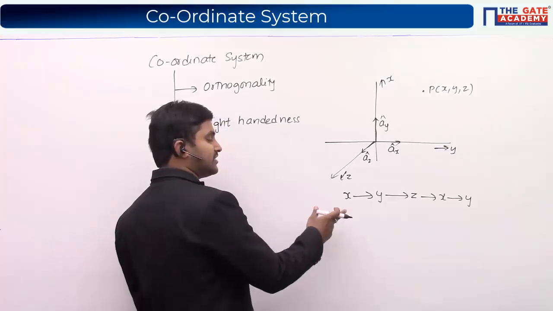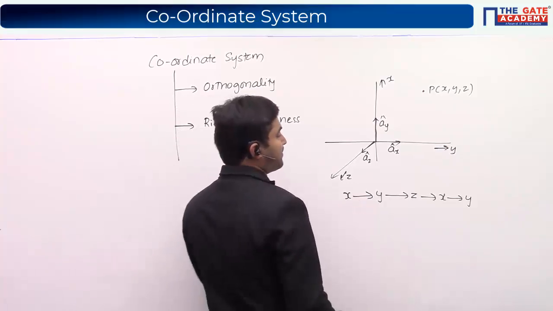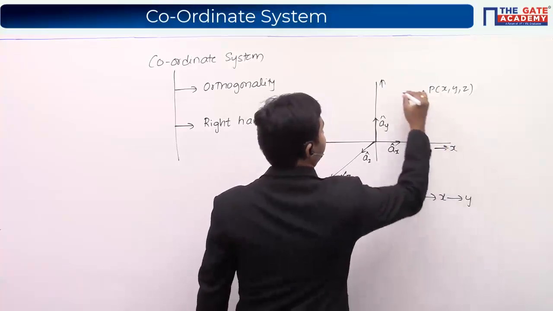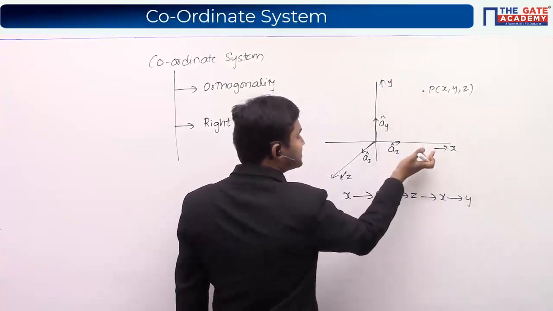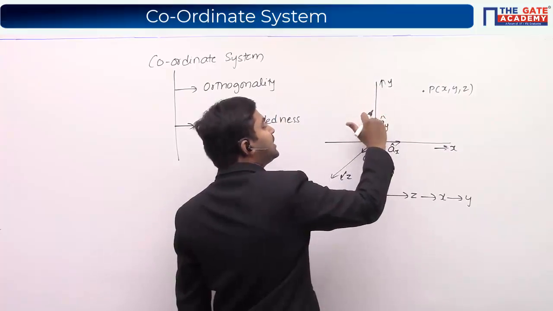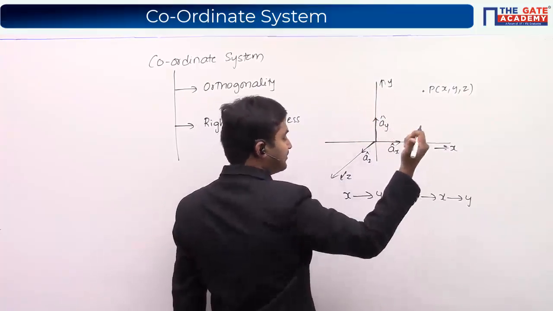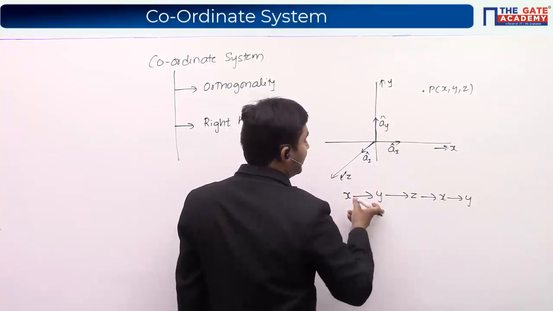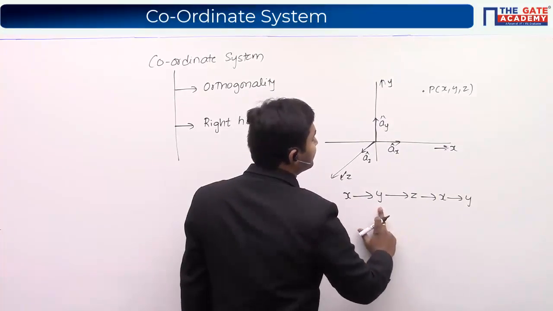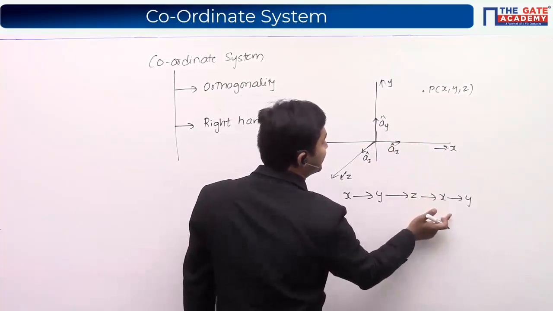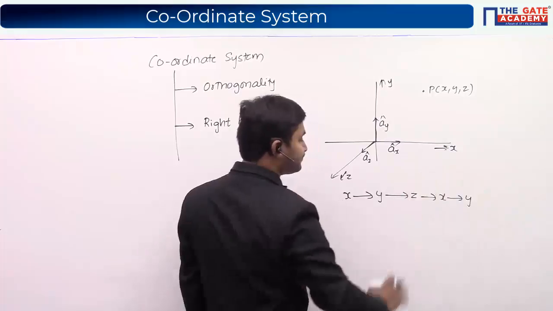So in which direction are we moving? If I am considering here as x, 90 degrees to x I am having y, 90 degrees to y I am having z, right? If I move 90 degrees from x, I will go to y. If I go 90 degrees from y, I will go to z. If I again give a 90 degrees to z, I will once again come back to x and then y.